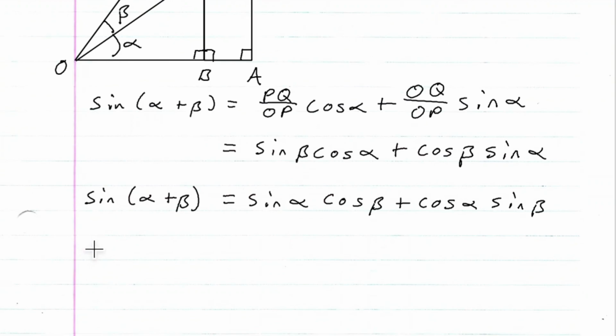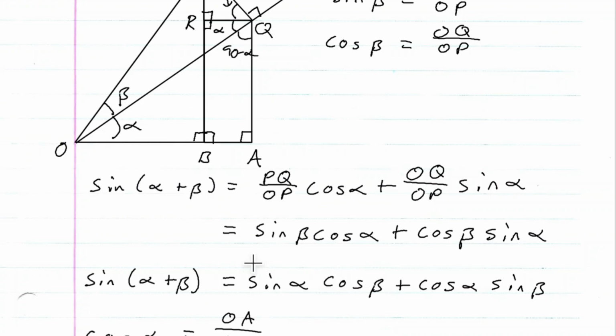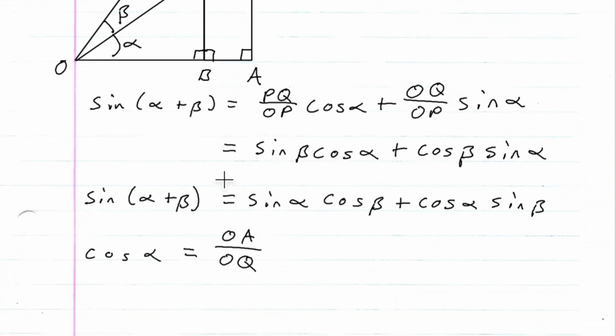Remember, we want to find OA, so we multiply both sides by OQ to get OQ cosine alpha is equal to OA.